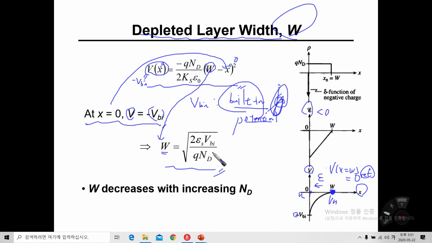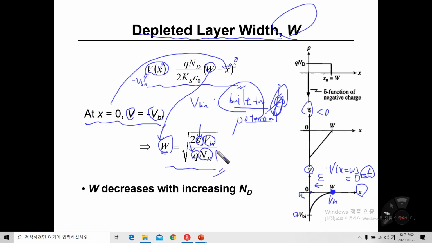So take a look at what terms are used for W. Yes, VBI, N sub D, q, and the dielectric constant. Because we are sticking with the semiconductor material silicon, epsilon and q are constants, and VBI and N sub D are variables.